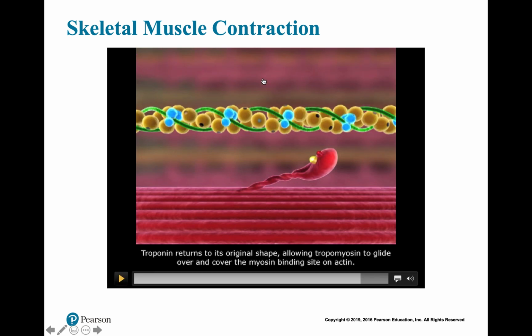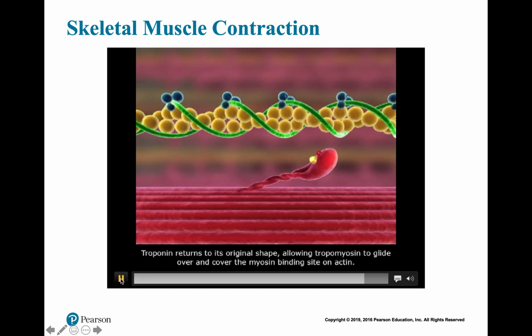So those little pink molecules that were floating away, those were calcium. Troponin goes back to its original shape, allowing tropomyosin to glide over and cover the myosin binding site on actin. When troponin goes back to its original shape, tropomyosin then slides back over those actin active sites, and the myosin heads can no longer bind.